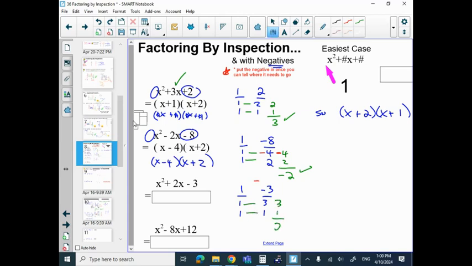I need to have a 2 as an answer. So that means I need the negative to be there, right? If this number is negative, then I've got the right combination. And so I'm going to have a 1x and a 1x, and a 3 and a minus 1, in either order.